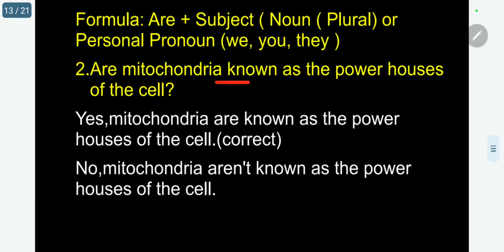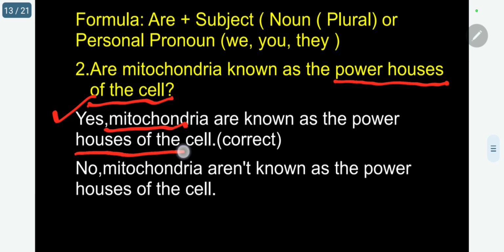Are mitochondria known as powerhouses of the cell? Cells are present in our body. Even plants and animals have cells. If the answer is yes, mitochondria are known as powerhouses of the cell. Correct. Logically it is correct.